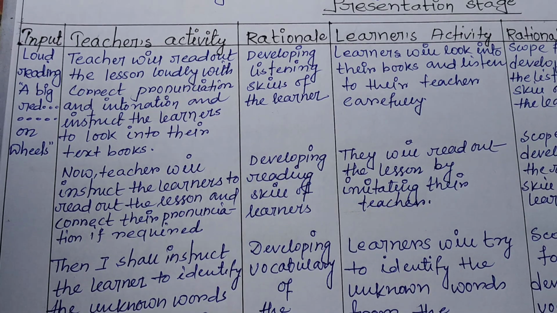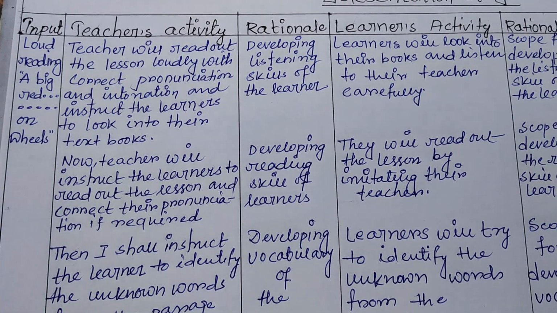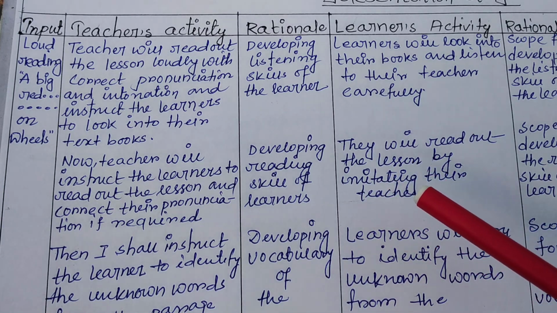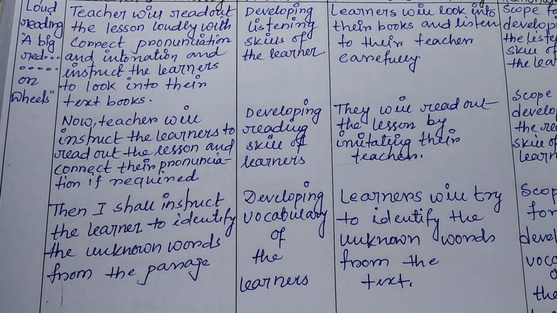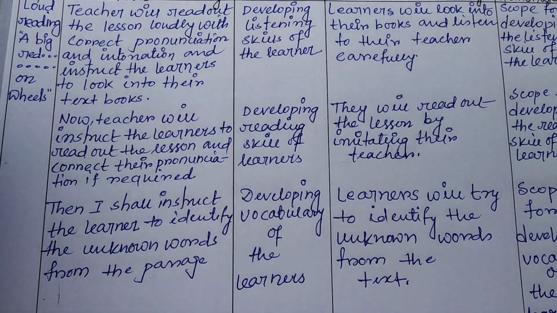Next, the teacher will instruct the learners to read out the lesson and correct their pronunciation if required. Why? Developing reading skill of learners. As the teacher says this, they will read out the lesson. Students always follow the teacher's instruction. If the teacher says do this, the students must do this.